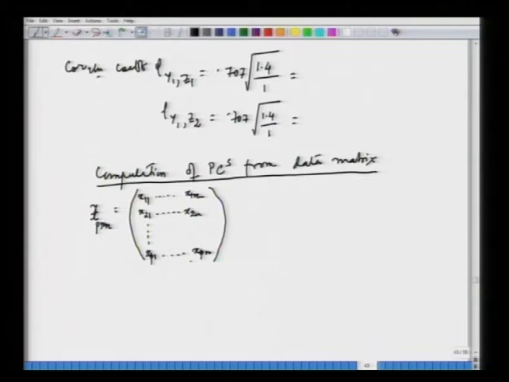If you consider the first column, you have all the values of all the variables x1, x2, xp at the first instance, at the first case, that is, the second subscript here is 1.